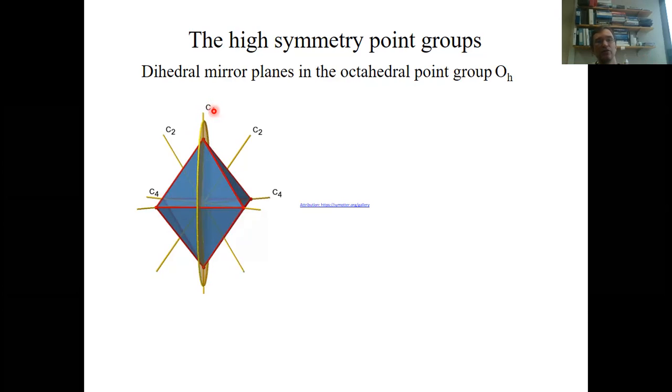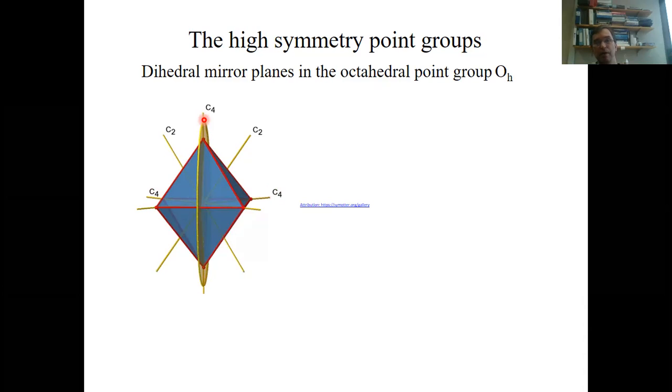In this case, this mirror plane here contains this C4 principal axis, but you see the other C4 principal axes here and here, they do not stand perpendicular to this mirror plane. Therefore, this kind of mirror plane has only the properties of vertical mirror planes, so we name them vertical mirror planes.